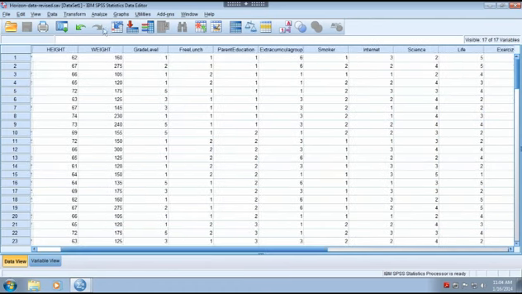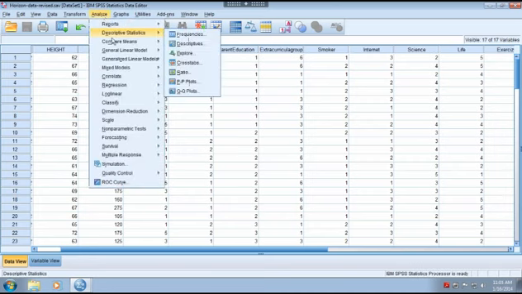So for these kinds of continuous variables, the analysis for descriptive statistics needs to be a little bit different.